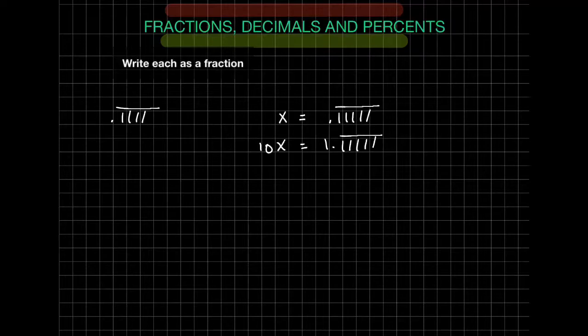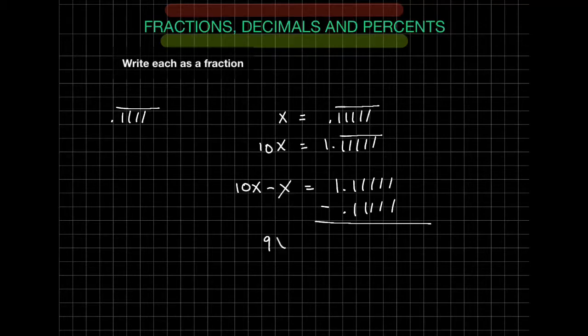And then I'm going to say 10x minus x equals 1.1111 minus 0.11111. So I get 9x equals 1. x equals 1 over 9. So now you can kind of see why we take the repeating decimal and simply divide it by 9. This is the reasoning behind that.